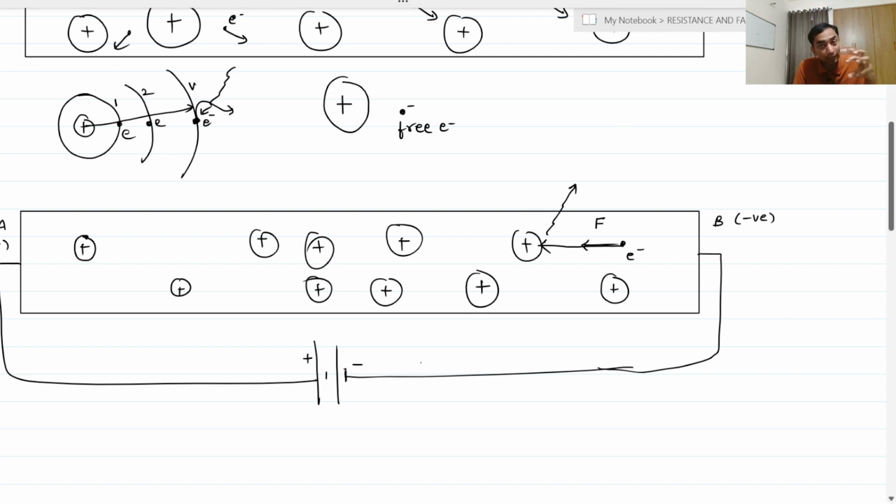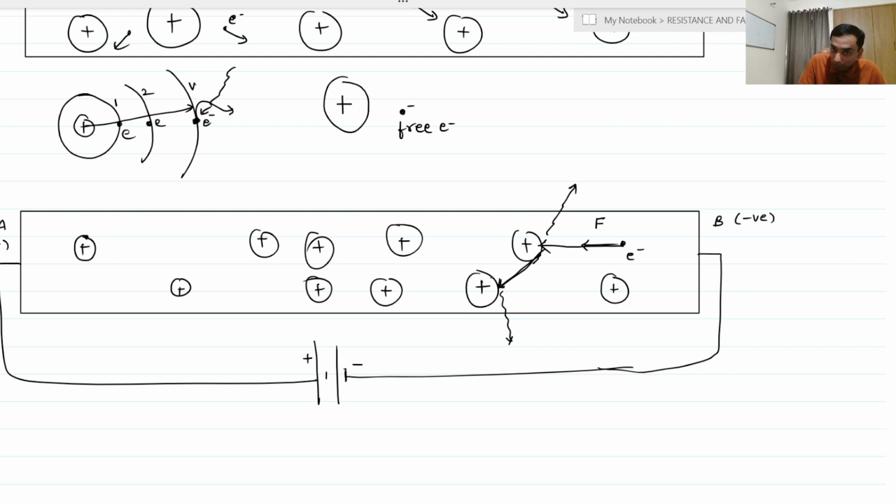So now that accelerated electron, when it received the energy from the battery, lost some of its energy in the form of heat energy during the collision. Due to the collision, it will change its path. Now it will move in this particular direction, and again due to the force, it is going to accelerate, but again due to the collision, it is going to lose some of its energy in the form of heat energy.